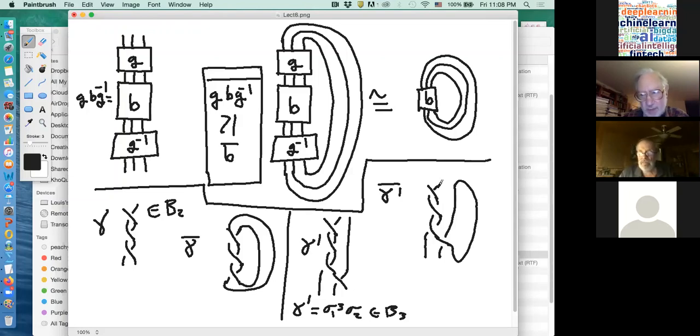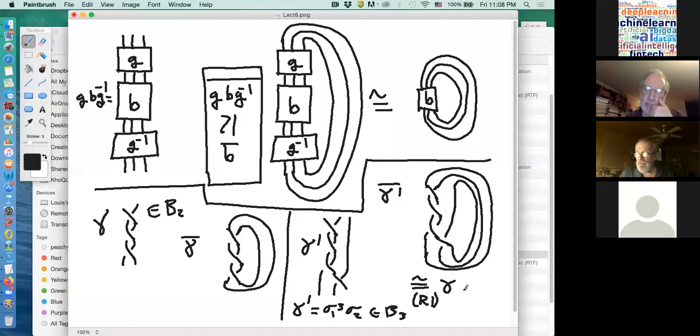So a Reidemeister move can happen, which would never happen with the braids, but it happens when you make a closure because of the loopiness of the closure, and this is equivalent to gamma. Just do a Reidemeister 1 move, and it's equivalent to gamma. So you see that this is completely general. This is called the Markov move.